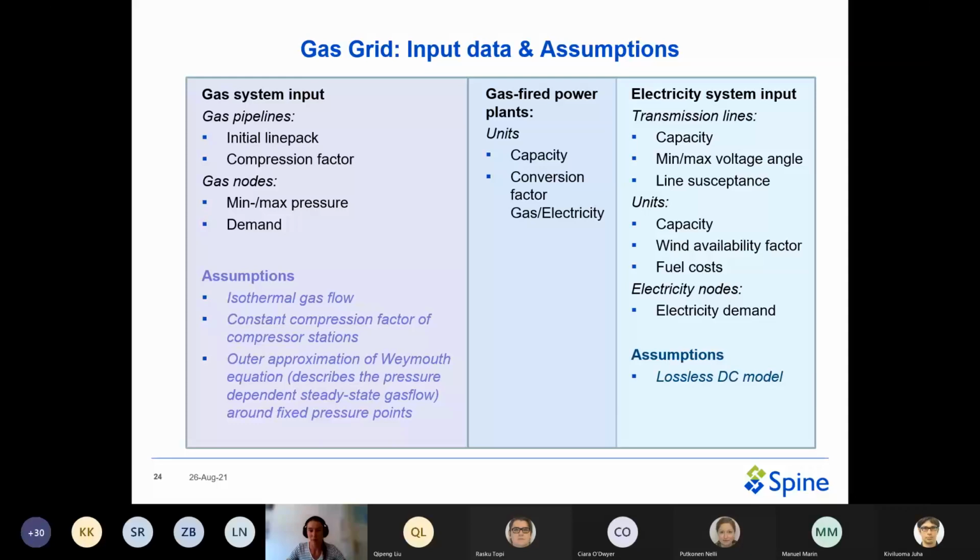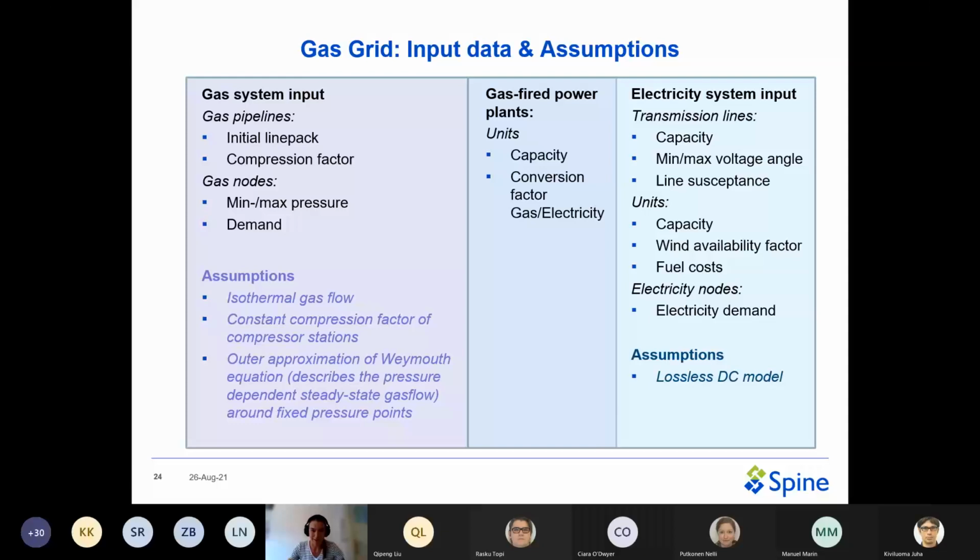We know our fuel costs for those units. And to make the system a bit more realistic, we have an electricity demand as well. And in between those two systems, we have our gas-fired power plants, for which we know the capacity and the conversion factor from gas to electricity.